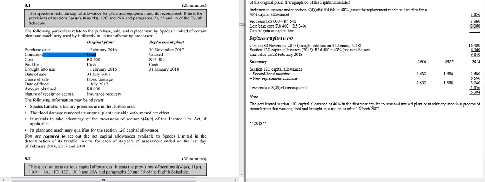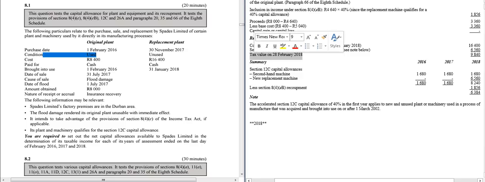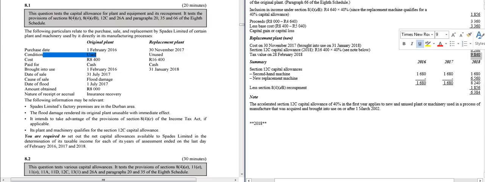Because it's a new asset, we may allow 40% capital allowance according to section 12C. So in other words, our 12C allowance is then 6,560 Rand. So the tax value at the end of the 2018 year of assessment is then 9,840 Rand.